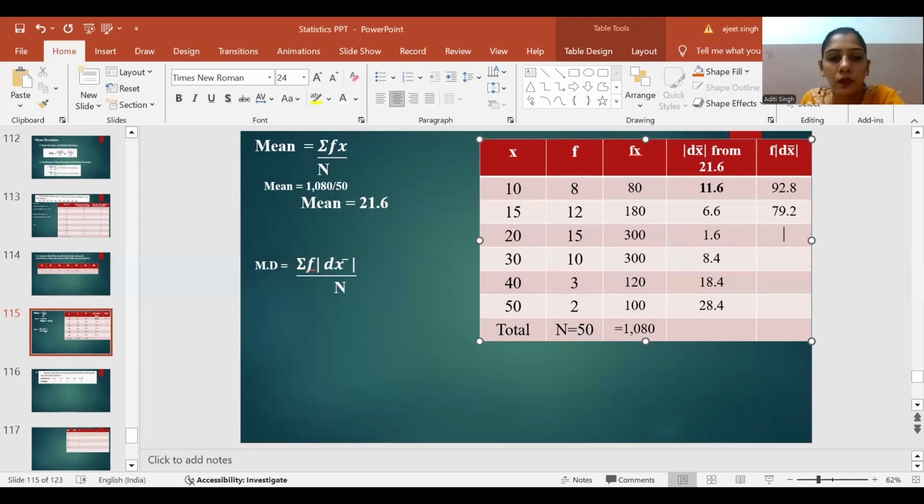Again, 1.6 multiplied by 15, that is 24. Again, 8.4 multiplied by 10, it is 84. Okay.